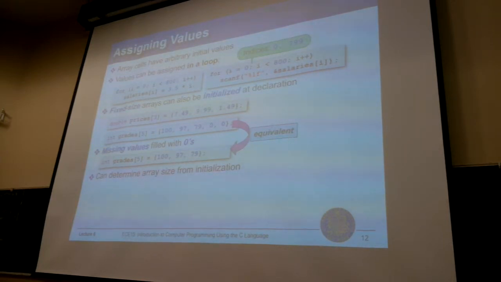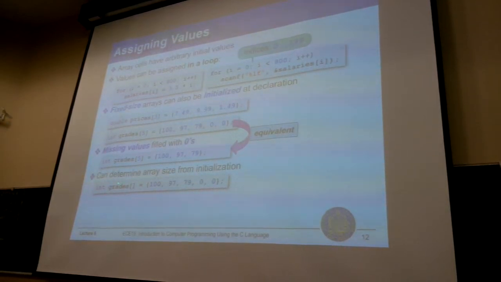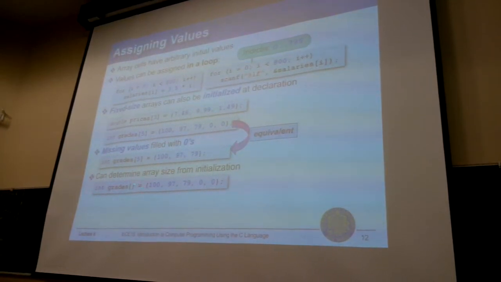So you can determine array size from initialization. For example, we can write the following notation, where you don't provide a number within the square brackets. You simply declare grades as an array, and you initialize it. And C will automatically count the number of elements here, make grades that size array, and obviously assign these values.